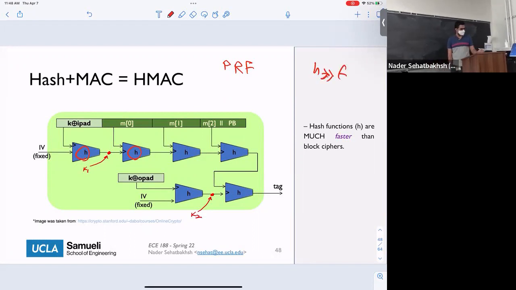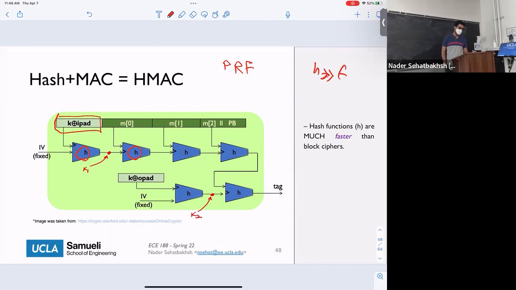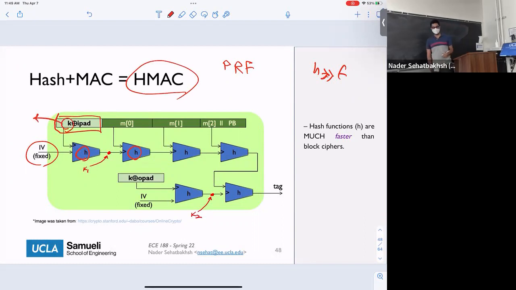There are slightly different things as well, including that I need to begin the hash function with some sort of initialization vector and some padding. And remember, since we are using the MAC, we have the notion of the key. So this is the key that we use for the MAC. We initially compute the hash function of the key with some initialization vector.